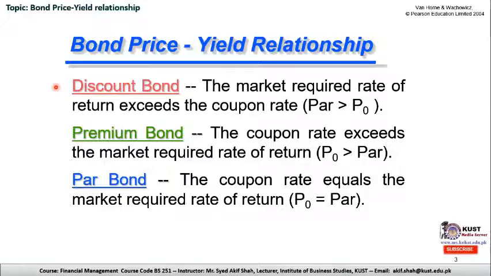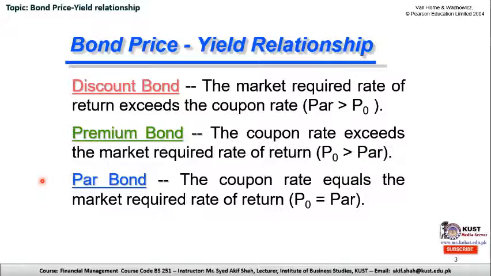Bonds can be sold under 3 circumstances. One is known as the discount bond. The second one is known as the premium bond. The last one is known as the par bond.